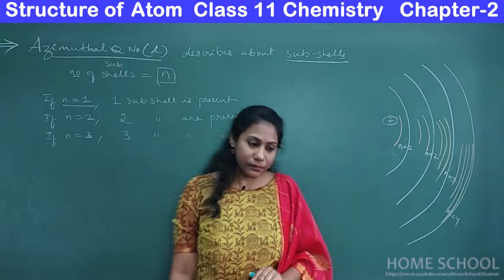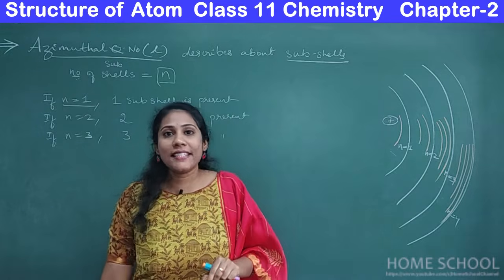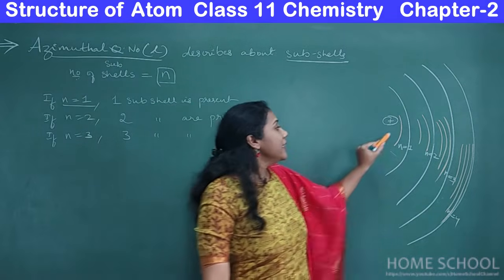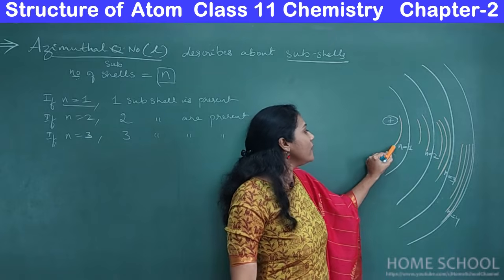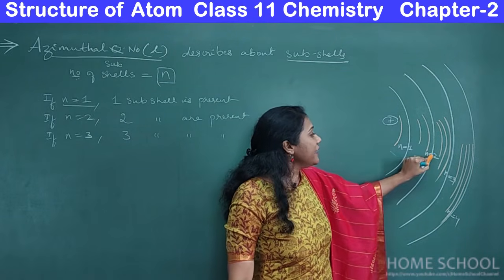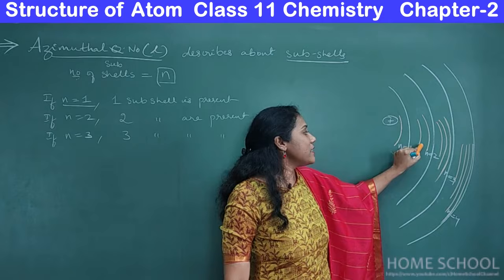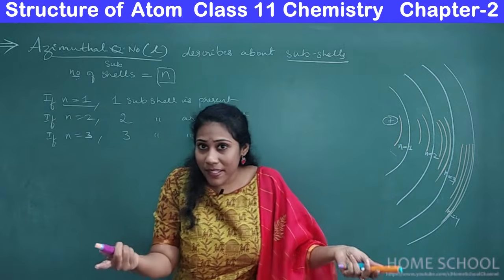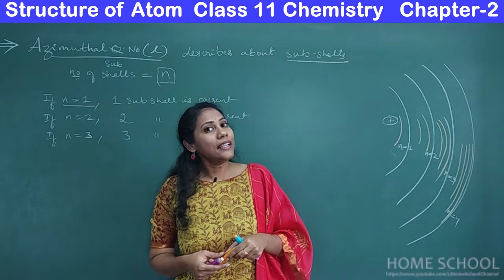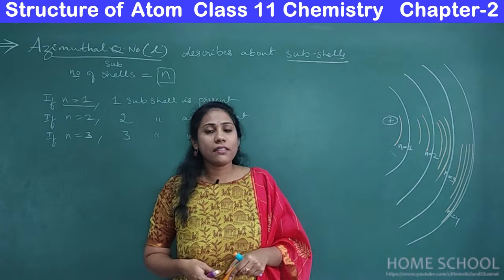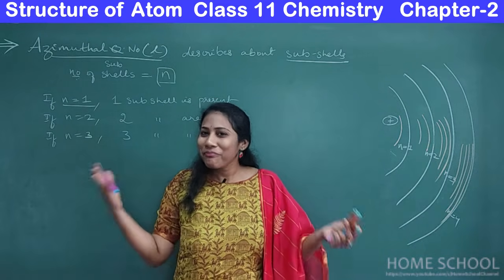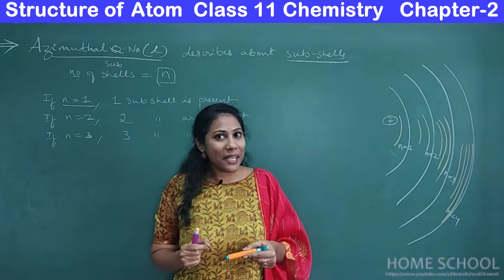Now we have to understand, in the first shell we have only one subshell, and in the second shell we have only 2 subshells. But what are their names? Say in Karnataka, I told you there are 31 districts. We identify them with names, right?